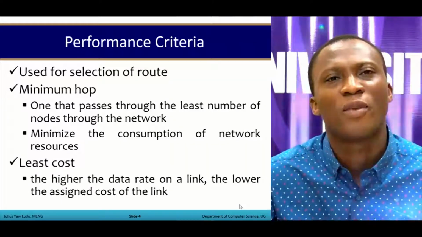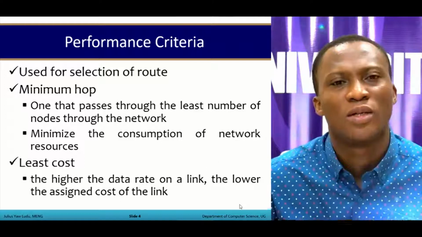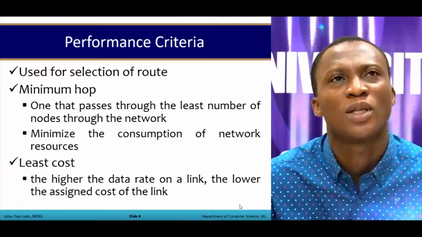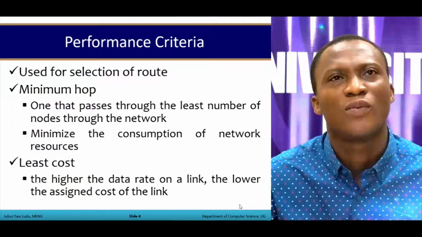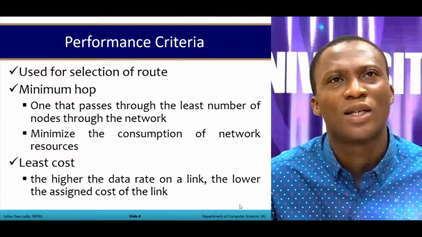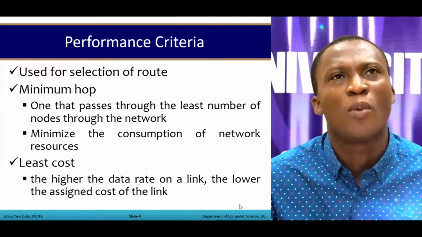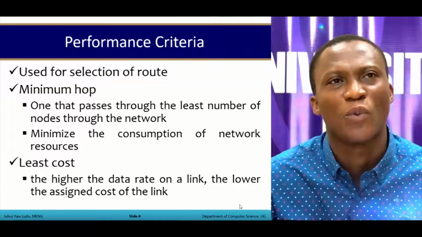The first performance criterion is the minimum hop count. The minimum hop is one that passes through the least number of nodes through the network, and we'll explain how that is going to work. Minimum hop also minimizes the consumption of network resources in terms of bandwidth.